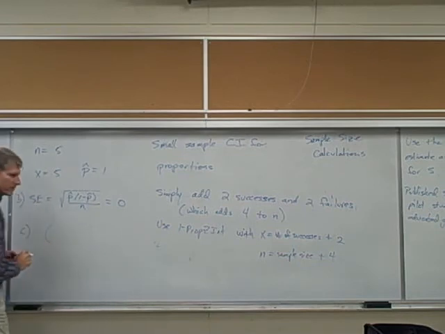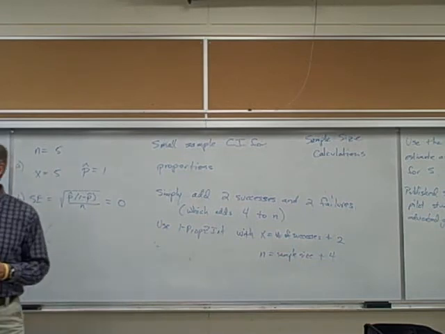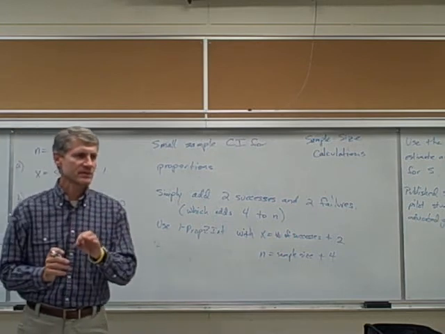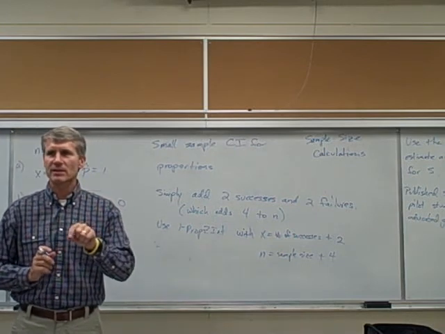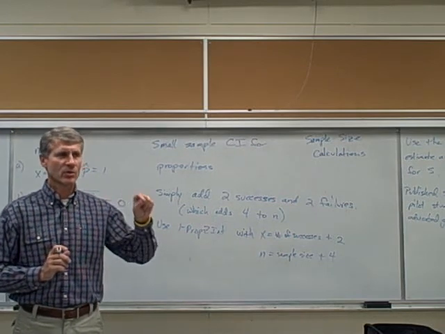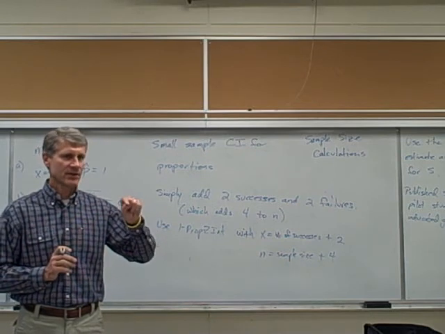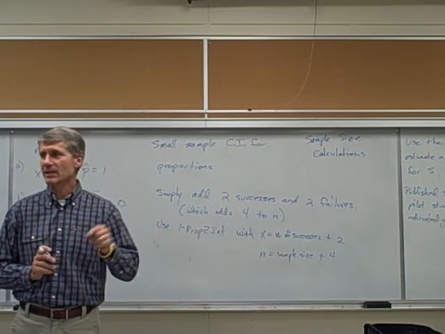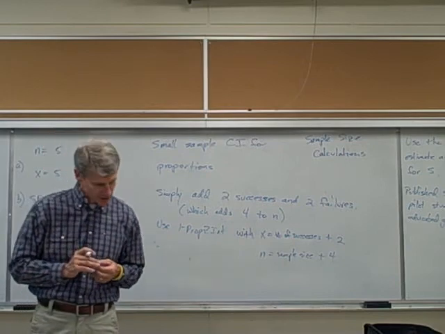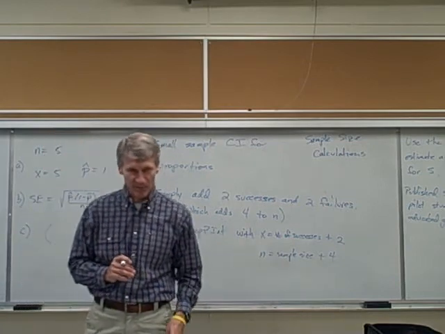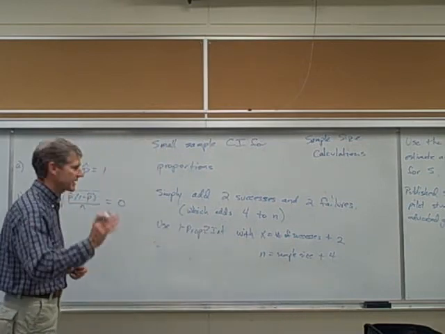The confidence interval, we're going to one prop z int, push the stat button, and then tests, and then go to one prop z int, and enter x equal 5 and n equal 5. Set your confidence level at 95%, 0.95. And Delaney, you got it?